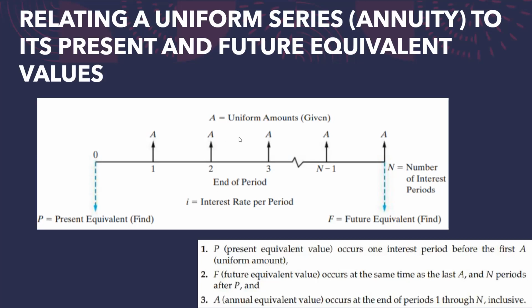Capital A is the annual equivalent value, or the uniform amount we receive annually, what we call an annuity, which occurs from the end of period 1 to the end of period n, at the end of each time period.